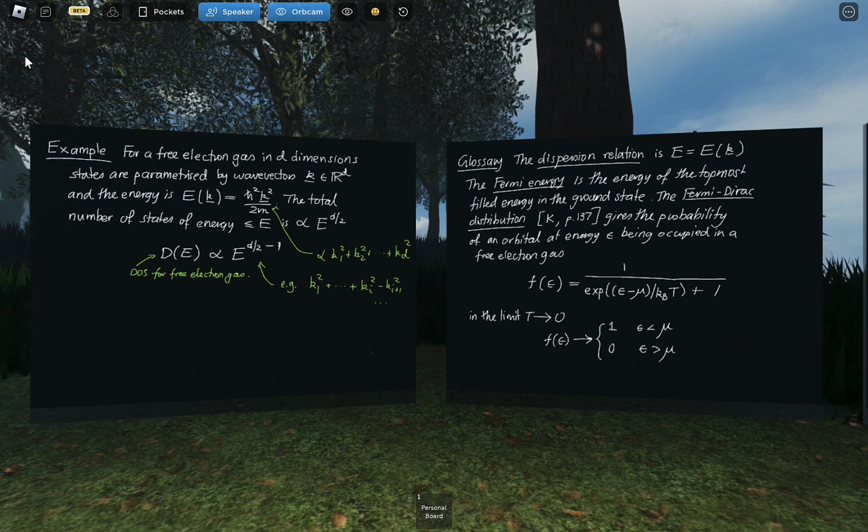Well, at 0 temperature, the Fermi energy is exactly the boundary between those states which are occupied and those which are not. So mu is the Fermi energy at 0 temperature. Right? So the states below mu are filled, and the states above mu are not filled.